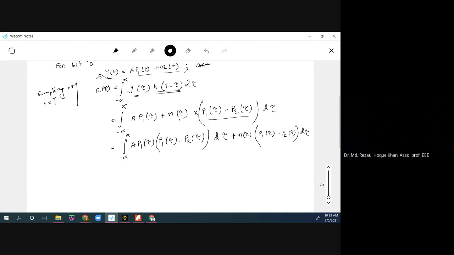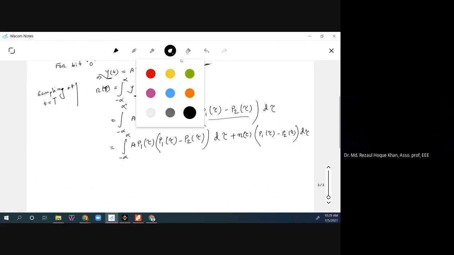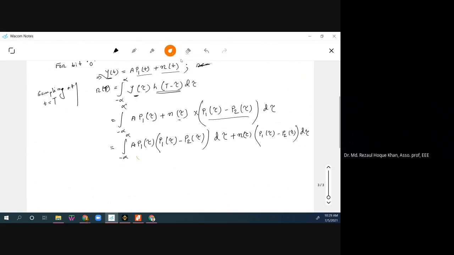Here we have two components. This first one is our signal component, and this one is the noise component.